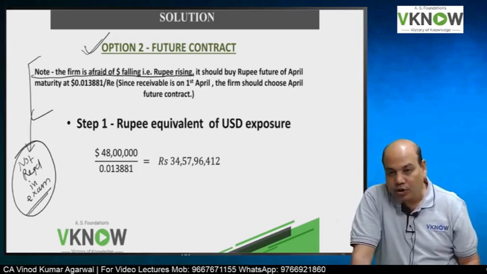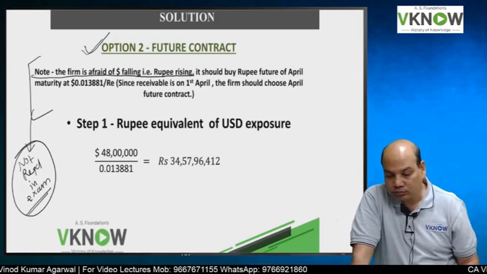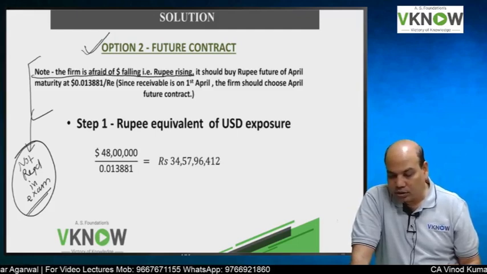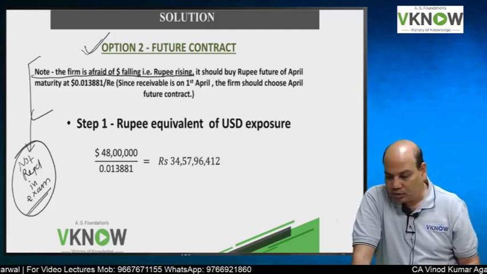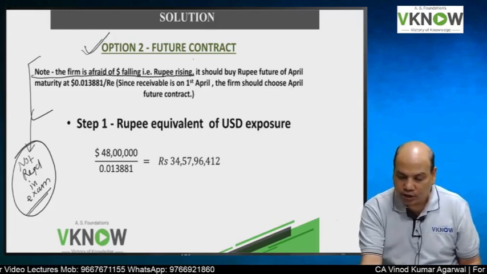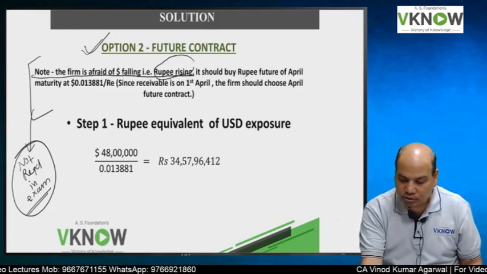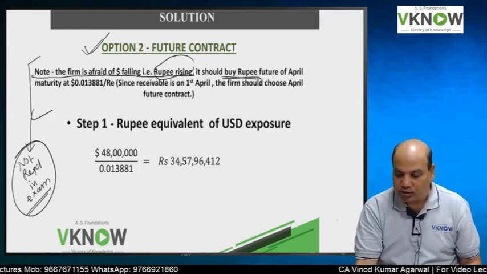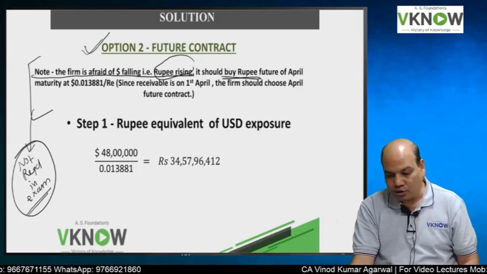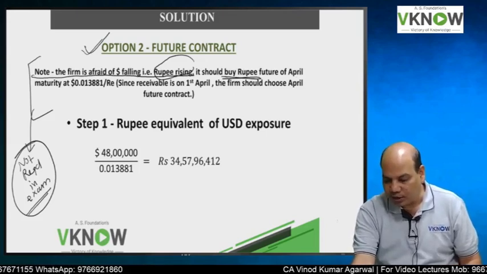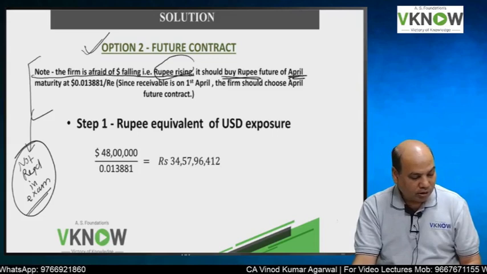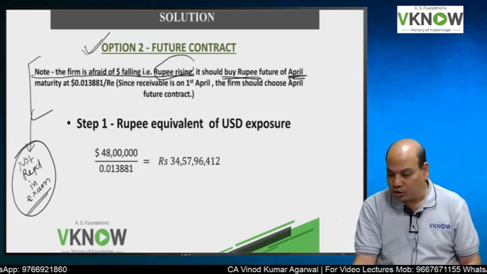The firm is afraid of dollar falling, that is rupee rising. It should buy rupee future. So when you are afraid that rupee will go up, the appropriate position will be buy rupee future. It should buy rupee future of April maturity. Underline April. They have given you 1 month also, but that is to be ignored.